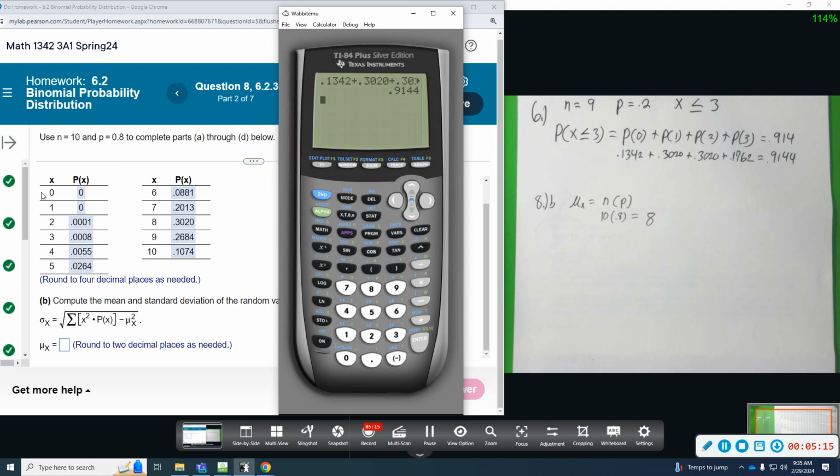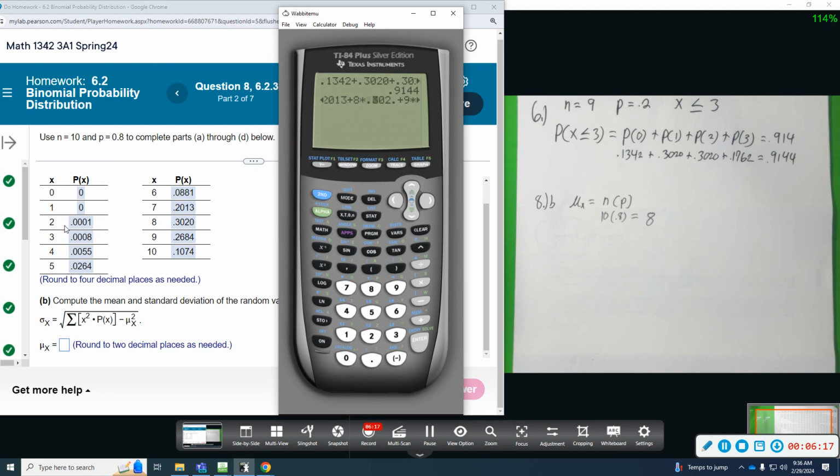The first two will be 0, since 0 times 0 and 1 times 0 are 0, but just for the sake of argument, 2 times 0.0001 plus 3 times 0.0008 plus 4 times 0.0055 plus 5 times 0.0264 plus 6 times 0.0881 plus 7 times 0.2013 plus 8 times 0.3020 plus 9 times 0.2684 plus 10 times 0.1074.